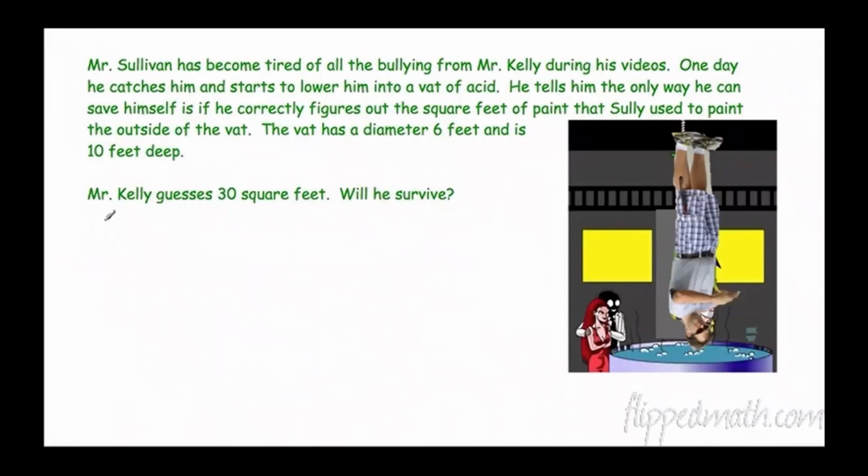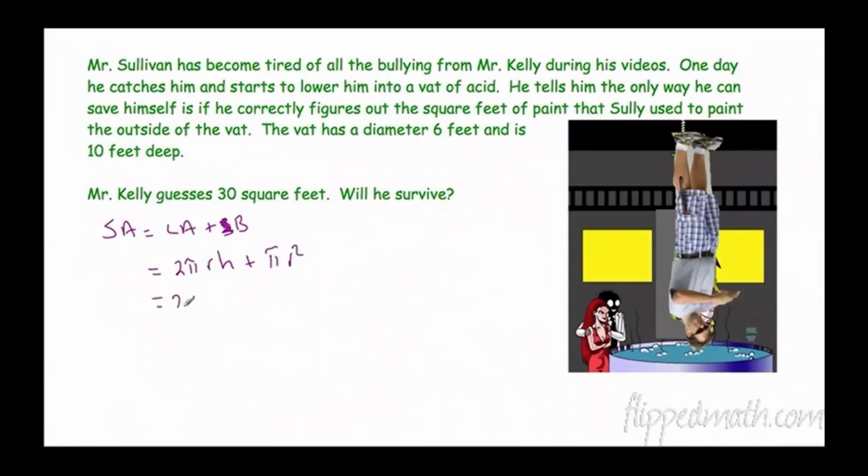So we want surface area, right? Now surface area is lateral area plus 2 bases. But check this out. If we're dipping him in, do we have 2 bases? No, we're missing a base. So ours is really going to be just one base. So what's our lateral area? 2 pi RH plus the area of our base, which is pi r squared.